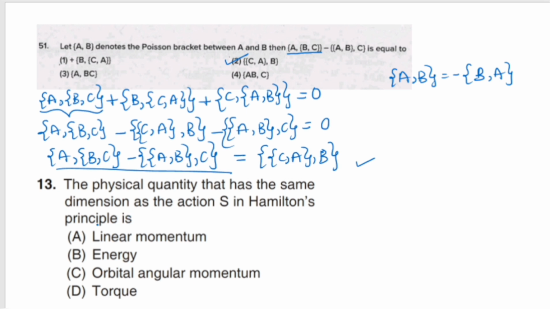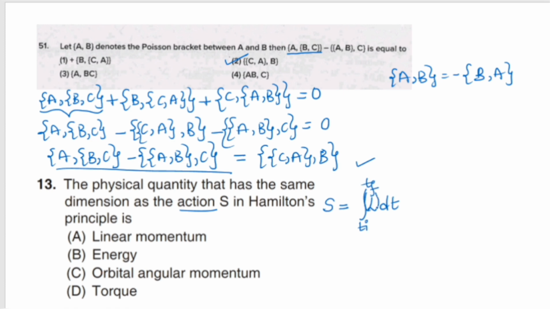So I shall move to the next question. What does the next question say? The physical quantity that has the same dimension as the action S in the Hamilton's principle is? Action S is defined as the integration of Lagrangian with respect to dt, our limits being t initial to t final.